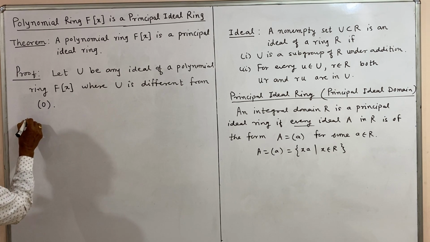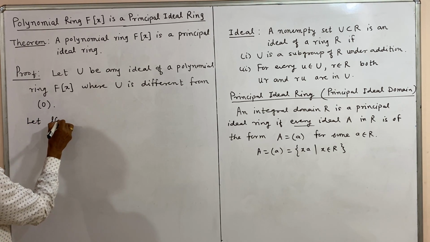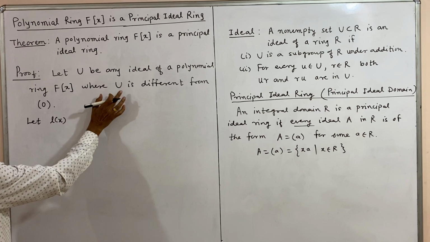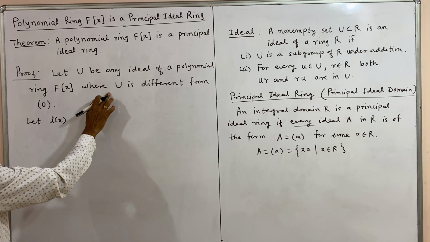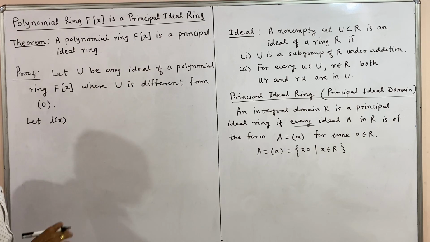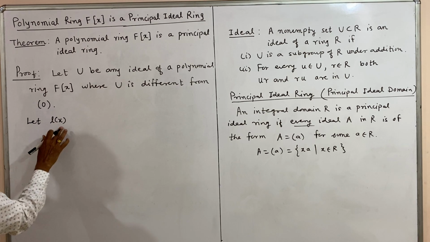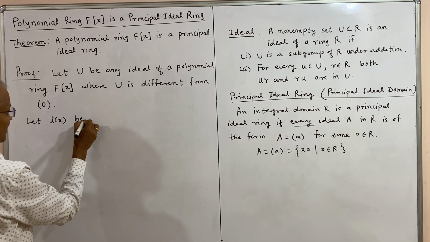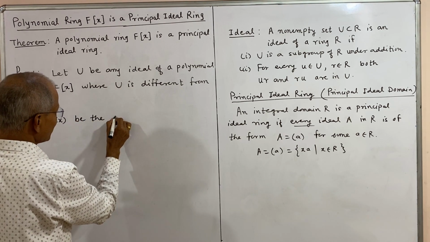Further, let L(x) be the lowest degree polynomial in U. The elements of U, which is a subset of F[x], as well as the ring F[x], are polynomials.